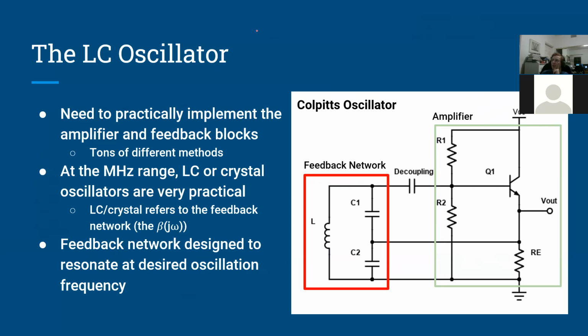Some of you have taken digital systems classes, and you might have seen something that looks like this, where each of these is an inverter, so just a NOT gate essentially. And we take the output and wrap it all the way back to the input.